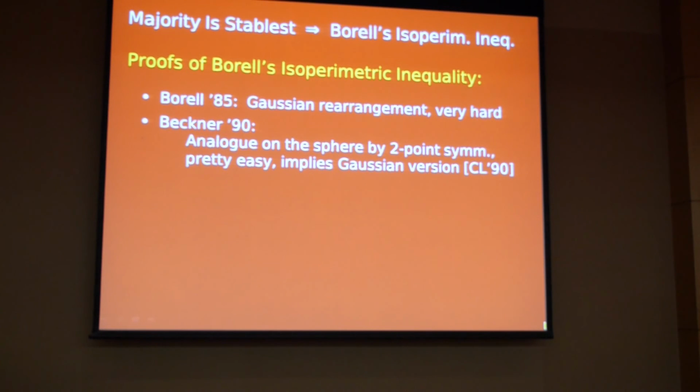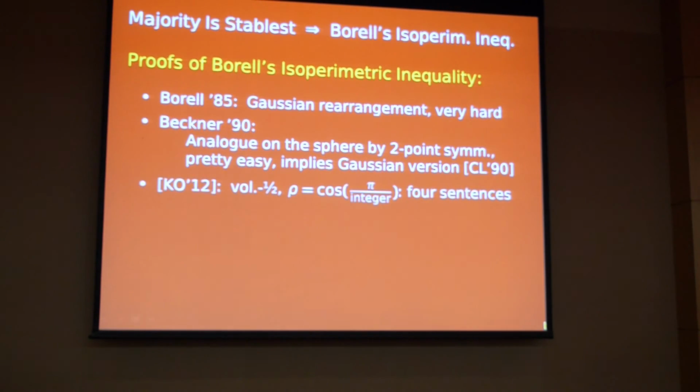Okay, flash forward, there weren't too many new proofs for a while. Now in 2012, me and Guy Kindler gave a new proof. Now it only works in the case of sets of Gaussian volume 1/2, which is actually all we care about for majority is stablest. Borell actually proved the correct isoperimetric inequality for sets of any fixed volume. Our proof only worked for sets of volume 1/2.